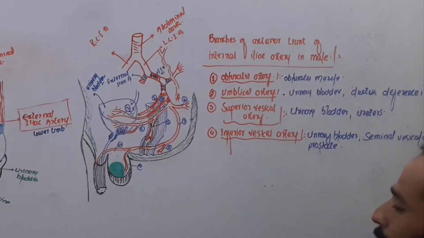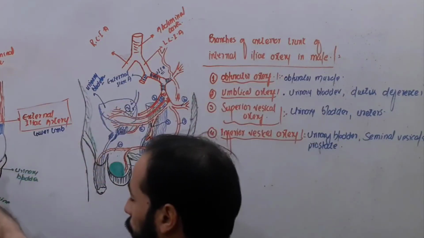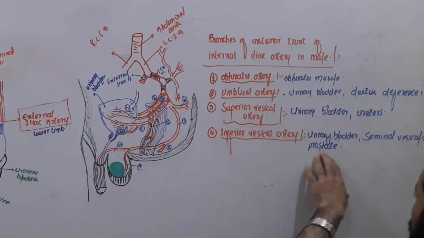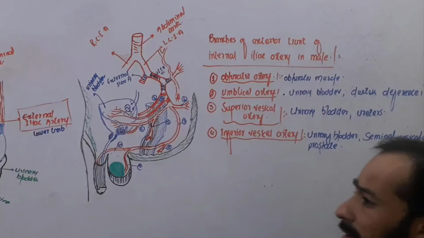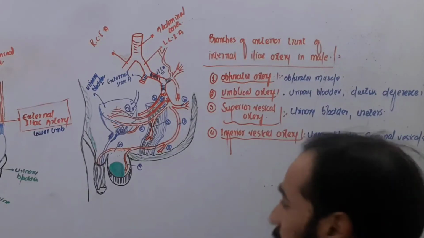So if you go and watch the lecture regarding the pelvis of the female, you can differentiate between them, that in case of male it's supplying to prostate and seminal vesicles, but in case of female there is no prostate, there is no seminal vesicle, right?